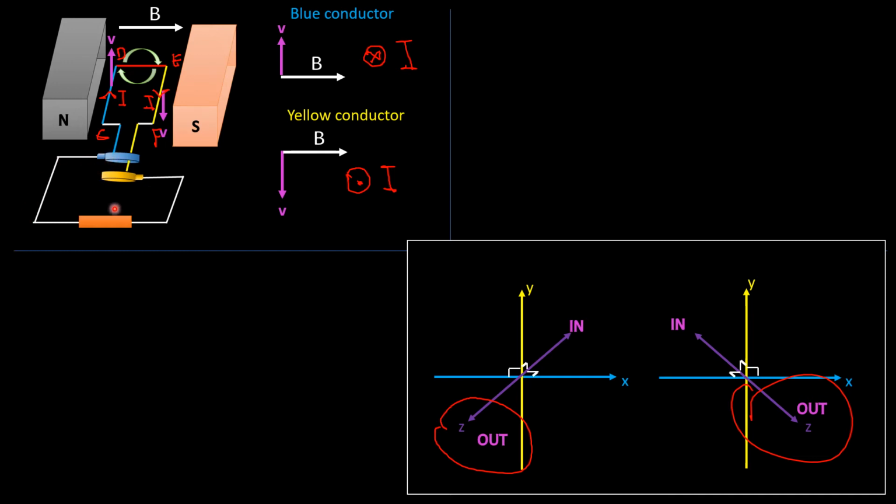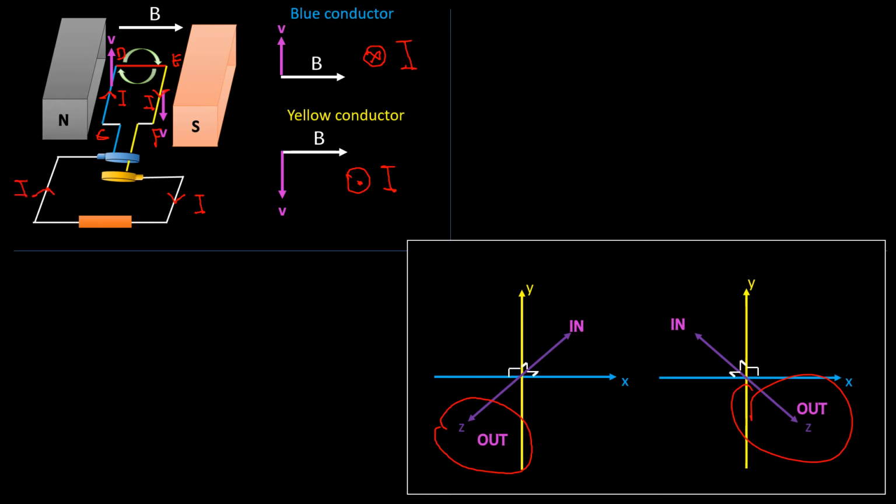In other words, your main conductor will experience a clockwise direction current flow. So your current is flowing from the yellow part here, which your main circuit is attached to, your yellow slip ring, and flows into the blue slip ring.